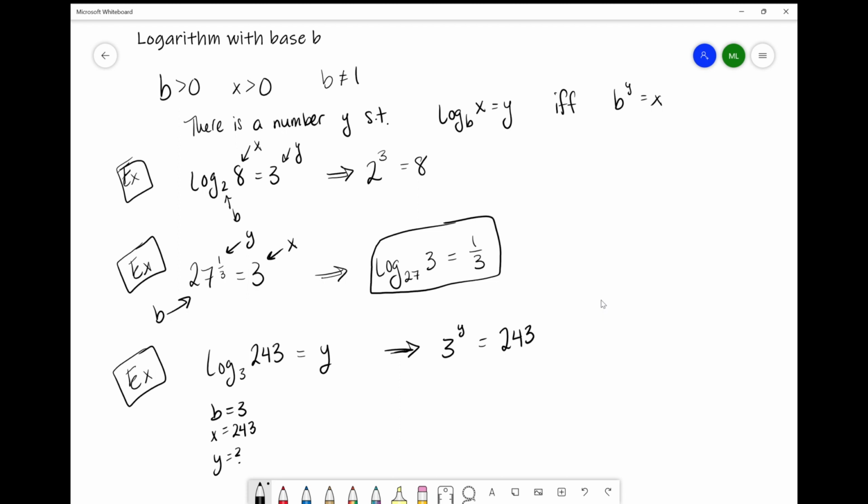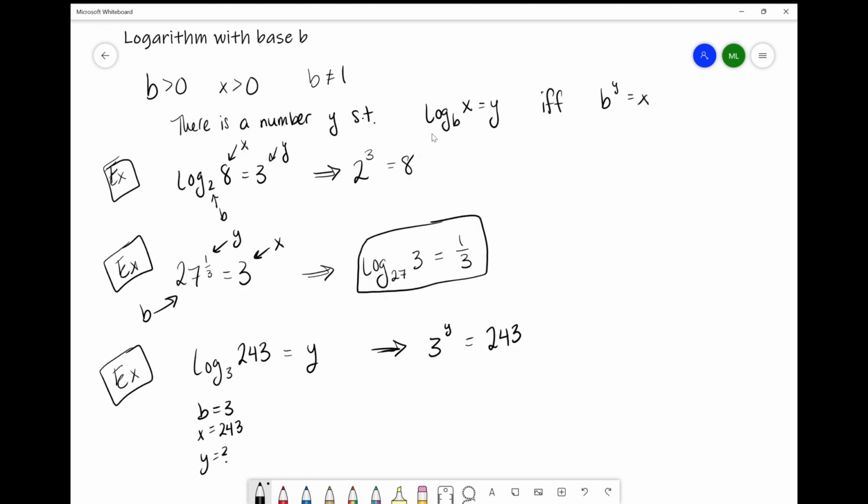So 243, first off, is that divisible by 3? Our goal is to get the same base. Can I get a 3 out of there, basically? Does it have a factor of 3?